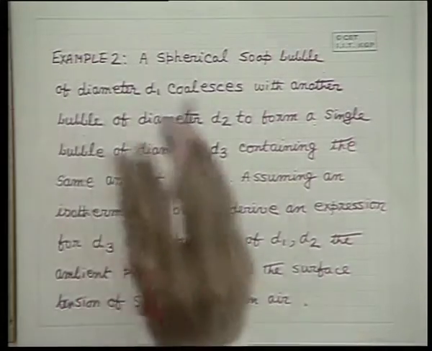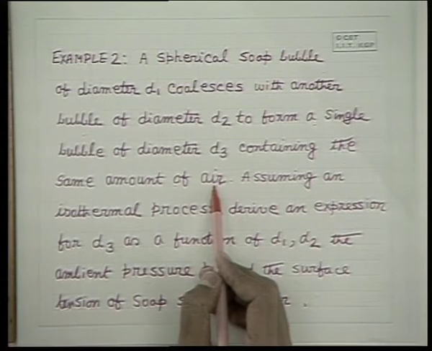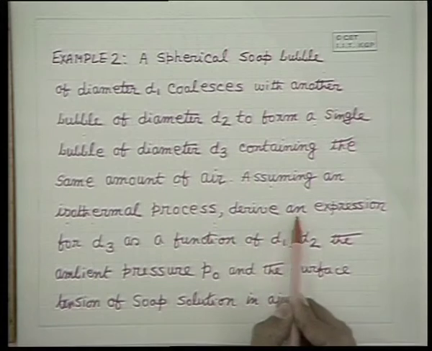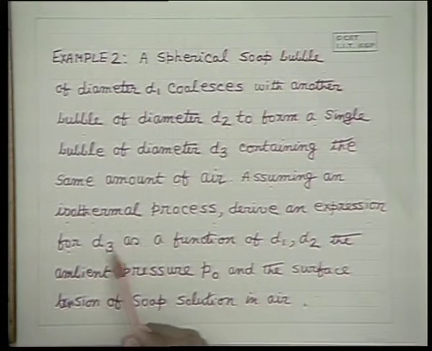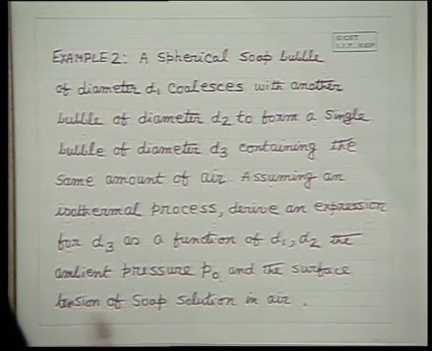That means the air of the two bubbles is equal to the air of the third bubble after coalescence. Assuming an isothermal process, derive an expression for d3 as a function of d1, d2, the ambient pressure P0 and the surface tension of soap solution in air.